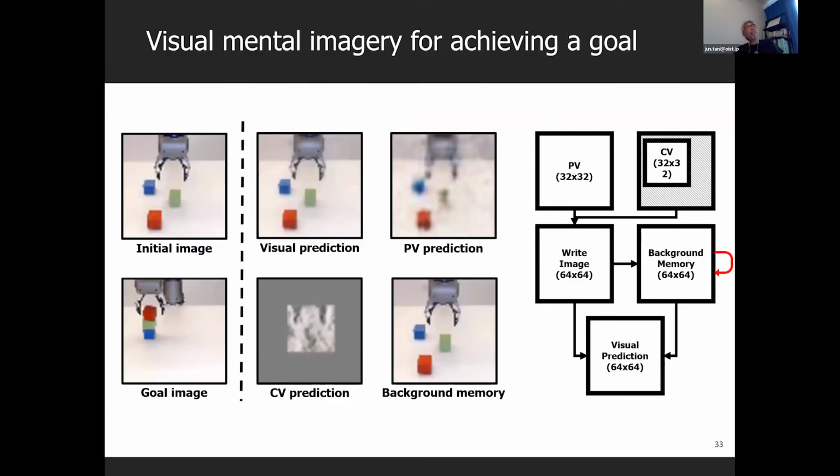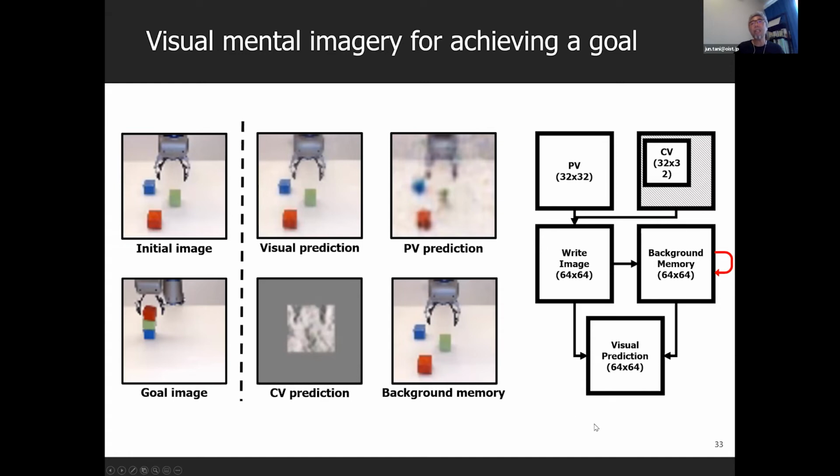So this is the first experiment, after enough training, where we do a planning task. This is an initial image, after the training using the red, blue, green objects, and the initial image is given like this one. This is a goal image in pixels.